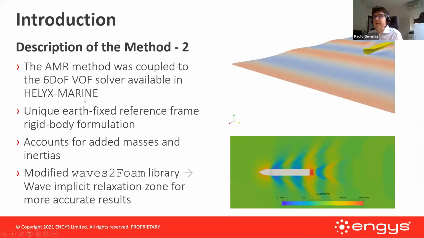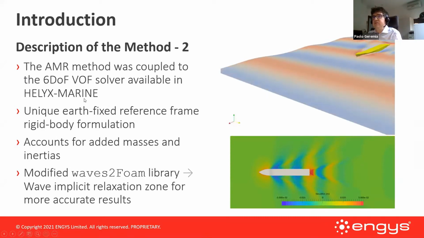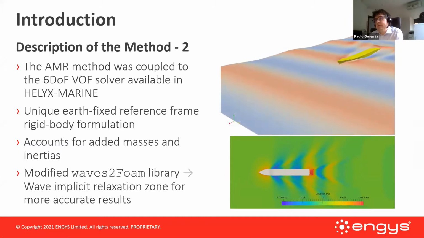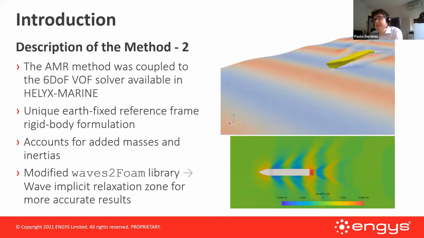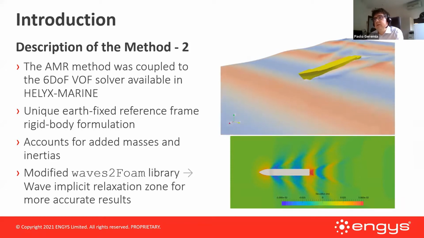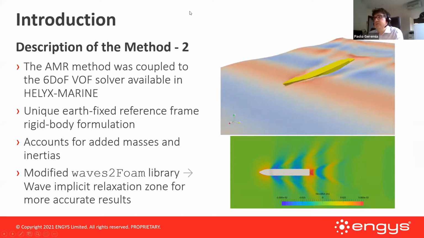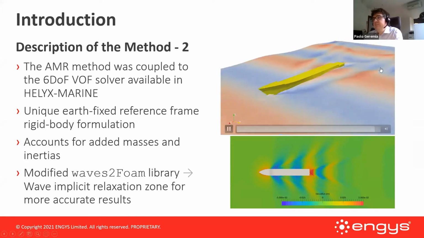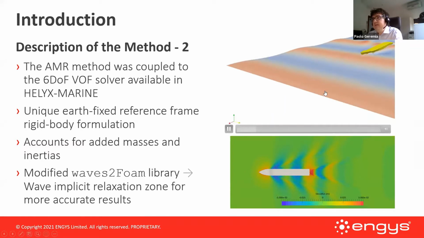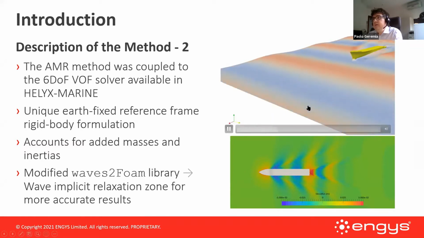This method was coupled to a 6DOF library that has been extensively employed in our Helix Marine software for several applications. For example, here we have seakeeping, so you can see here the body travels and the mesh travels with the body, and this is how it works.